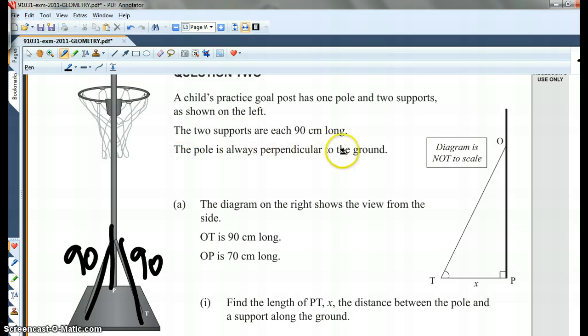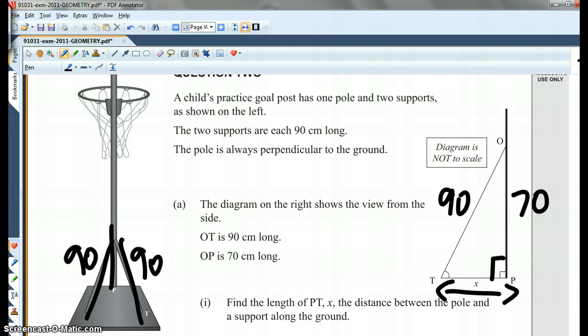The pole is always perpendicular to the ground, so the pole's at 90 degrees. The diagram on the right shows the view from the side. OT is the 90 centimetres and OP is 70 centimetres. Find the length here.